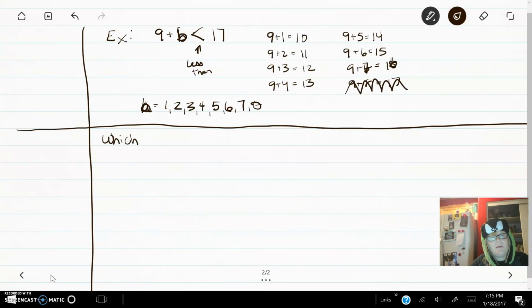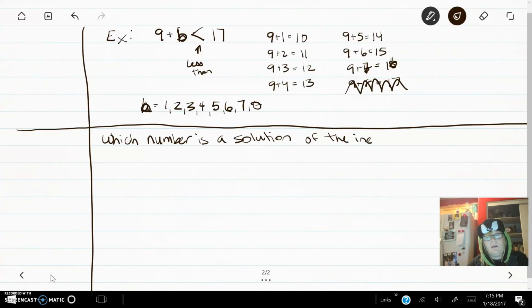Which number is a solution of the inequality f plus 2 is less than 9?